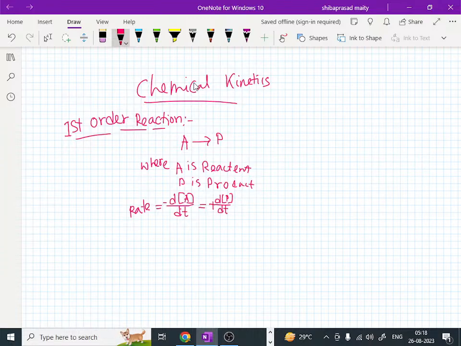Now consider the rate law, where k1 is the rate constant.